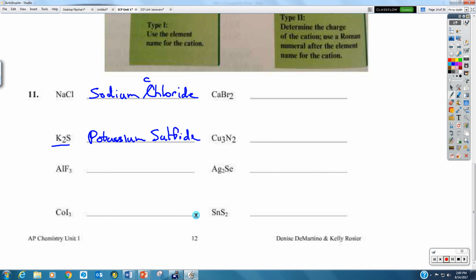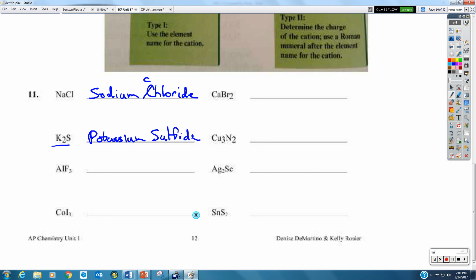All right, I'm going to skip down. Cobalt was multivalent, right? Had more than one charge. So how do we find out what charge of cobalt we're dealing with here? Do it based off the second element. What is the normal charge of iodine? -1.